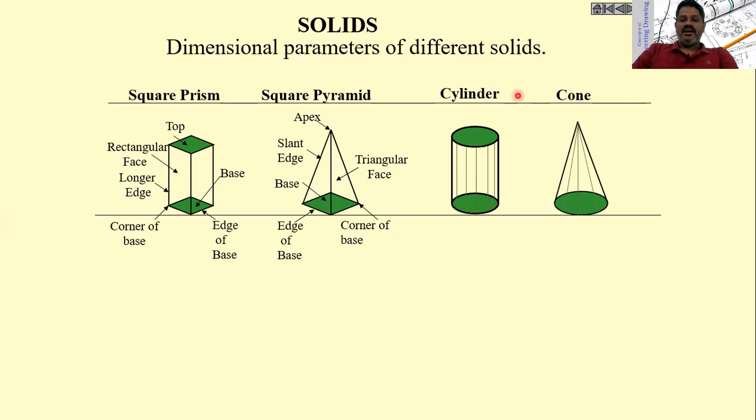When it comes to the cylinder and cone, we have imaginary lines on the surface of the cone and the cylinder. These imaginary lines are called the generators. Generators are the imaginary lines which are responsible for generating the surface of the cylinder and the cone.